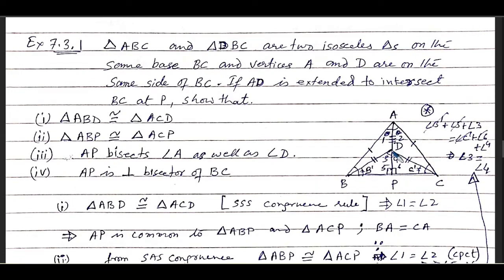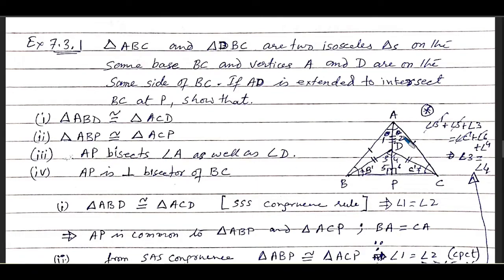If this AD is extended to intersect BC at P, show that, first, triangle ABD is congruent to triangle ACD, and second, triangle ABP is congruent to triangle ACP, and AP bisects angle A.